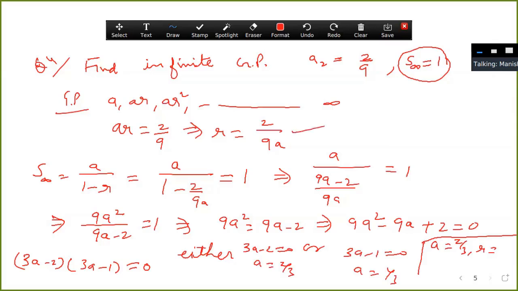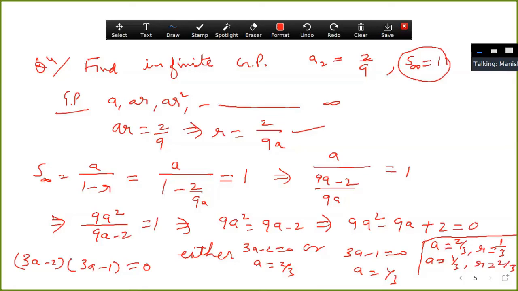You can put the value of a in r is equal to 2 upon 9a. You're getting r will be equal to 1 by 3. Simplified. If a is 1 by 3, what you will get r? r will be equal to 2 by 3. Then you can do the question. If a is 2 by 3 or 1 by 3, then r will be 1 by 3 and 2 by 3. Okay.